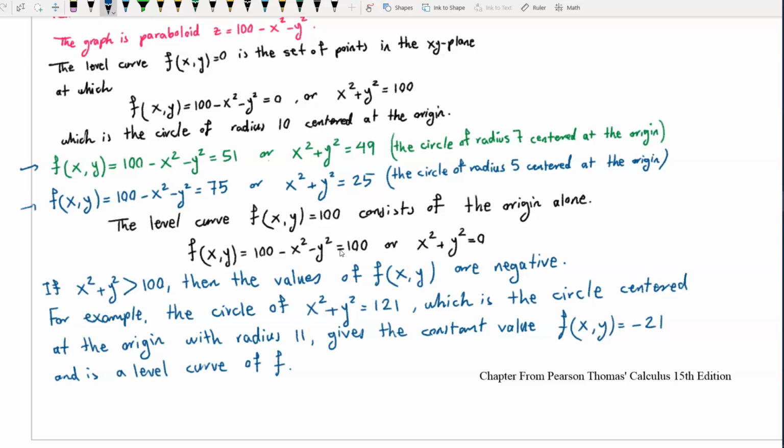For example, the circle of x squared plus y squared equal to 121. Based on what we have here, this is a circle with radius 11 and center 0, 0. This gives the constant value f of x, y equal to negative 21, and that is a level curve of f.